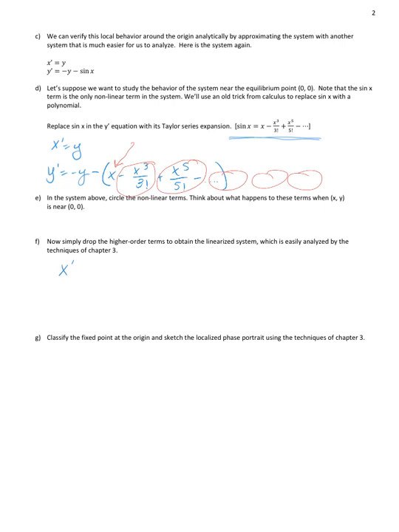So we get x prime equals y, and y prime equals negative y minus x. And now we can analyze this linear system using the techniques of chapter 3. So that means find the eigenvalues and determine the type of behavior at the fixed point 0, 0.